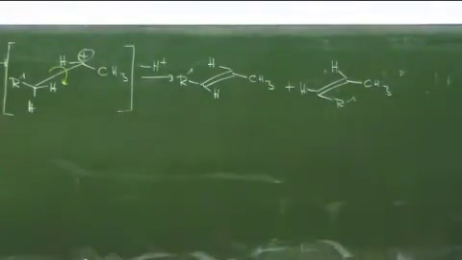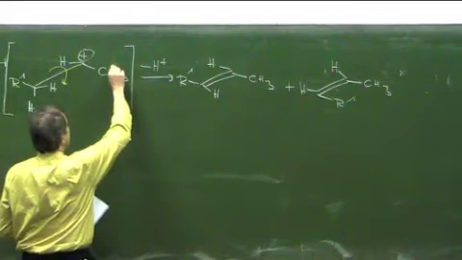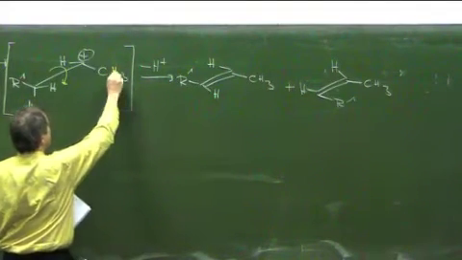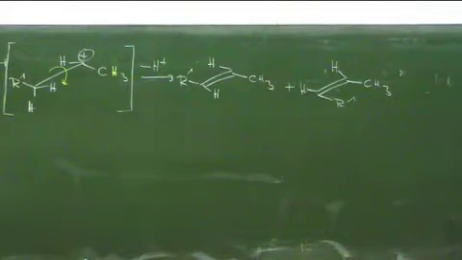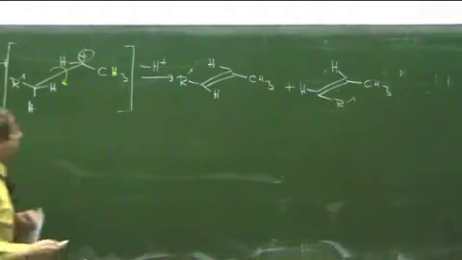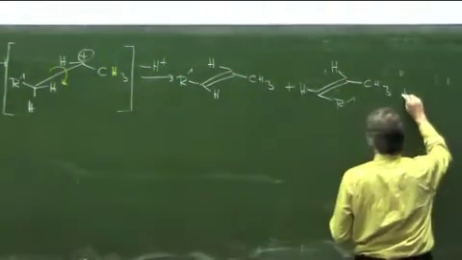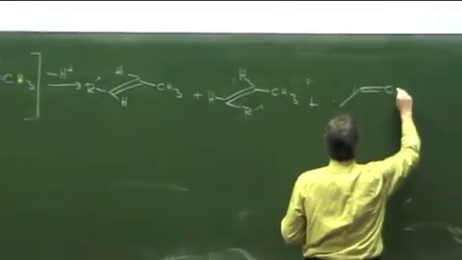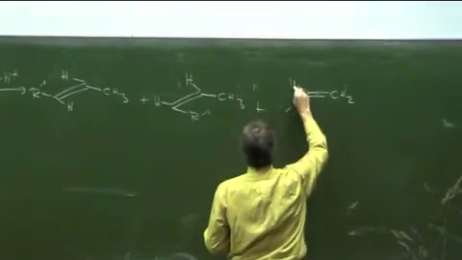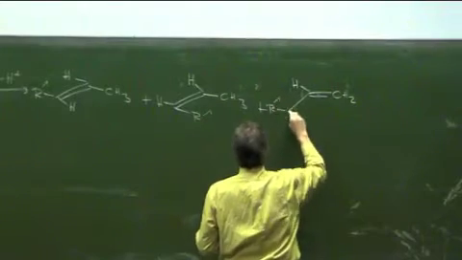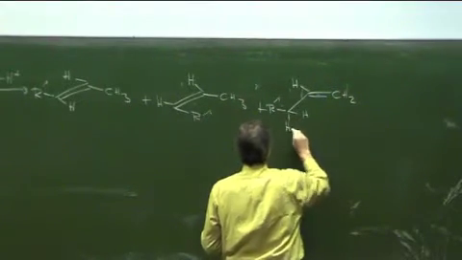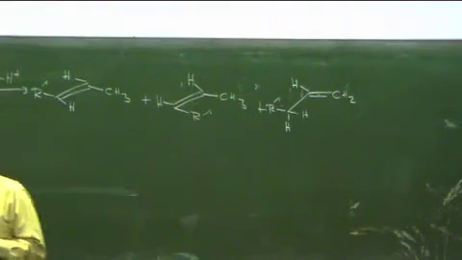And in principle, again, also note that we have an adjacent hydrogen from which we could also abstract. So there might also be the possibility for the formation of this product.